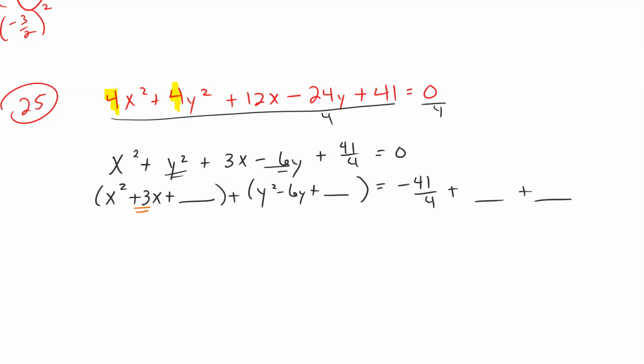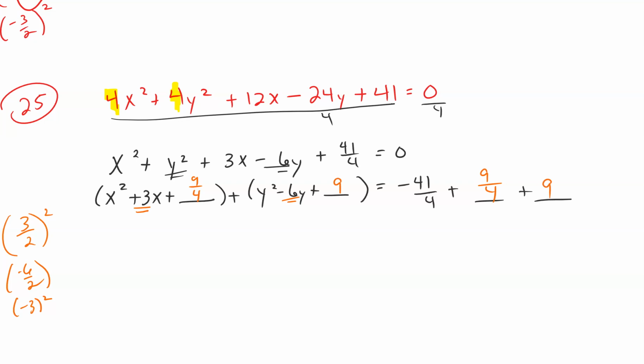So I look at this term and I divide it by 2. So that's 3 over 2. And I square it, which is going to end up being 9 over 4. So square the numerator and the denominator. So I put a 9 over 4 here. Then when I do the next one, I take the negative 6 and I go negative 6 over 2, which is going to end up this time being a negative 3, and we square it, we get 9.